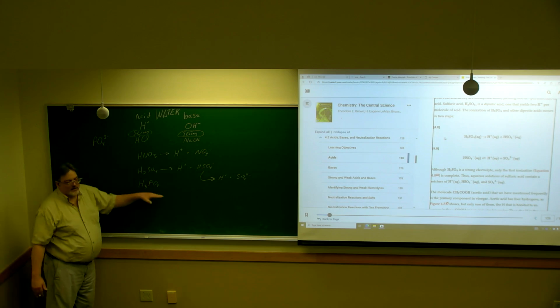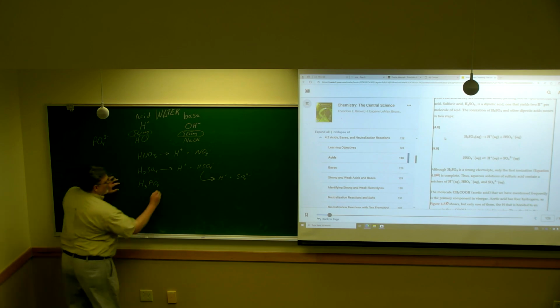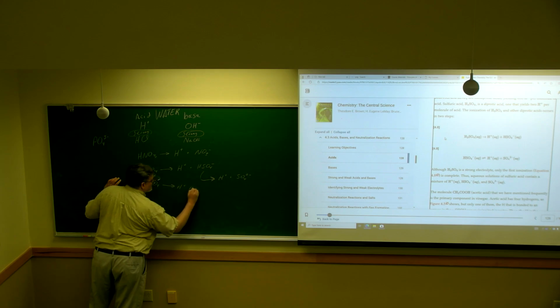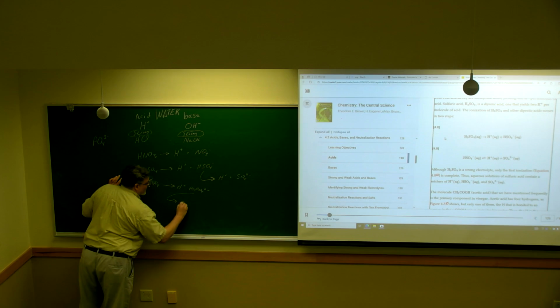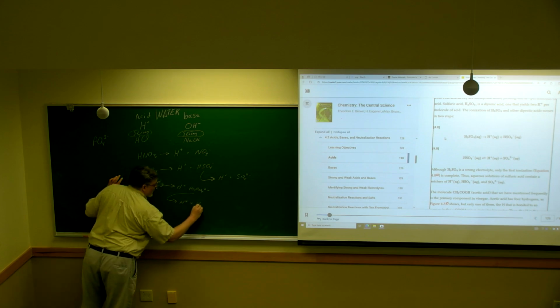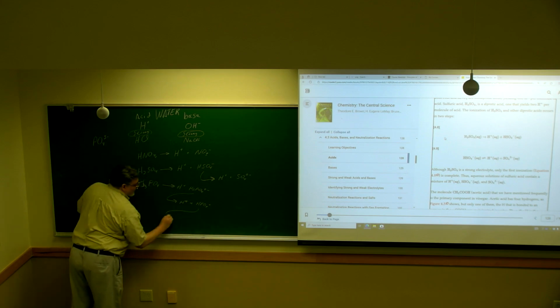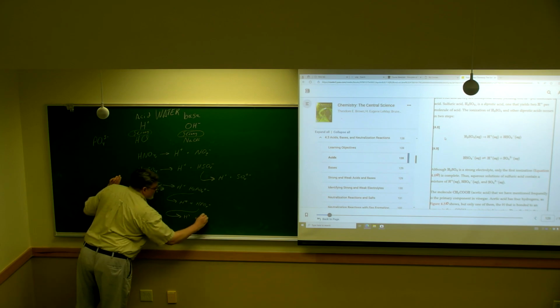And it will come apart in stages too, like that, 3 different stages. The first proton will come off. I mean, you'll get this H2PO4 minus. And then that can come apart into H plus and HPO4 2 minus. And then that last one can come off, and I'll have H plus and PO4 3 minus.